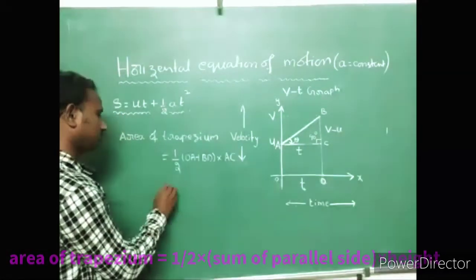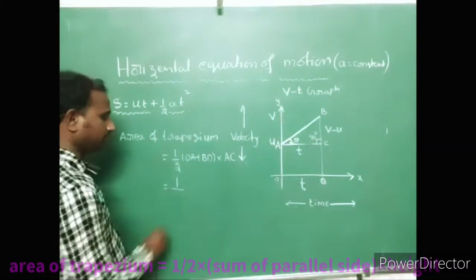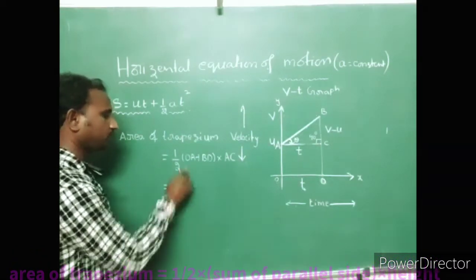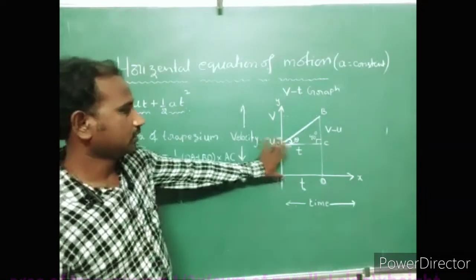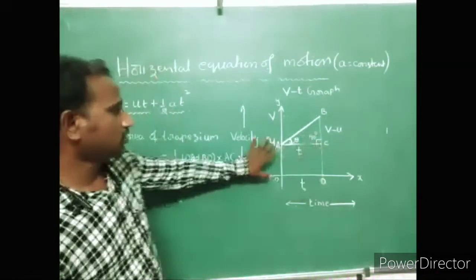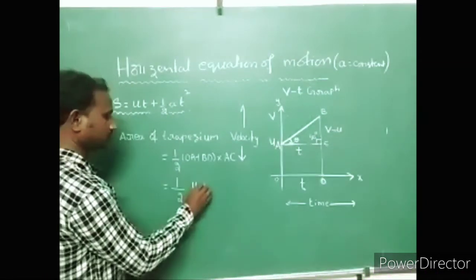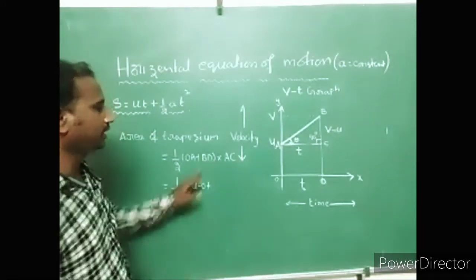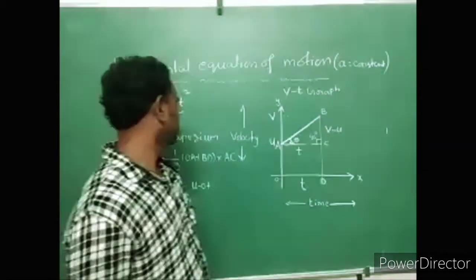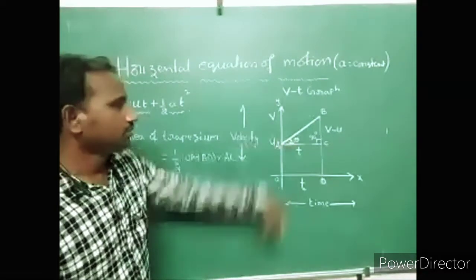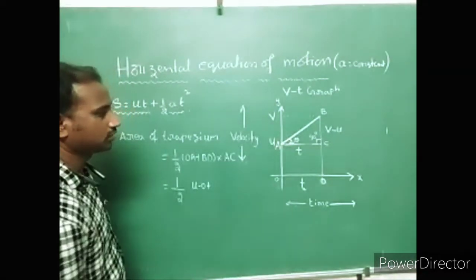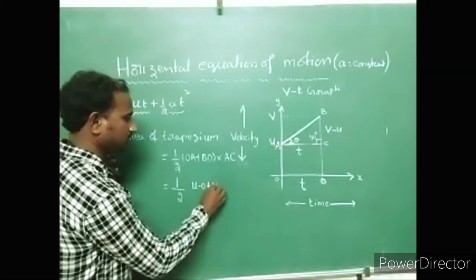Now we have to derive the third equation of motion. 1/2 into OA, which represents change in velocity, how much? U minus 0. Plus BD represents, BD or BC? BD. BD represents how much? V minus 0.